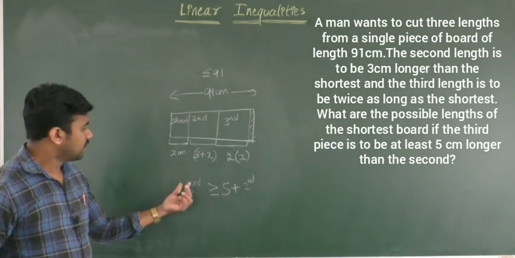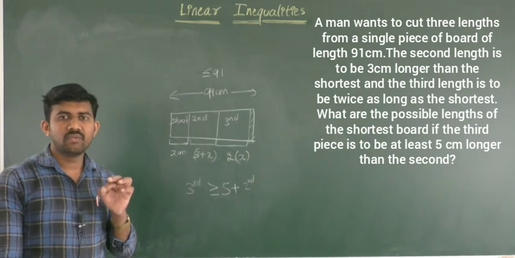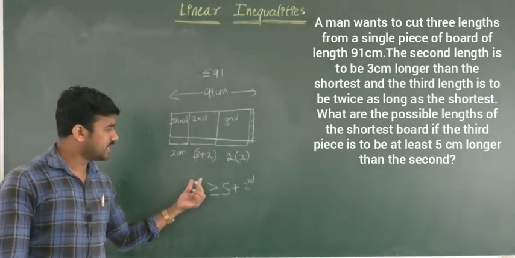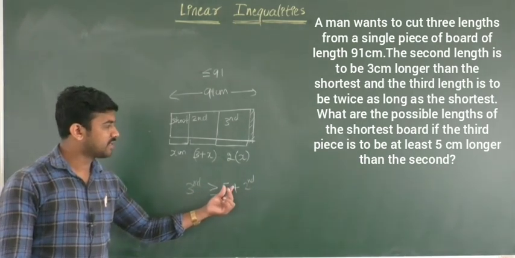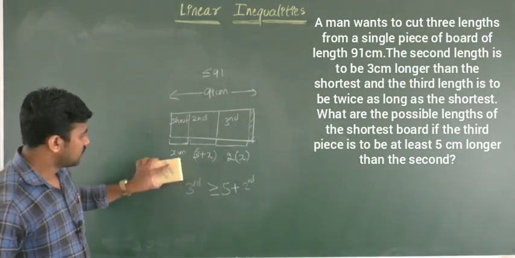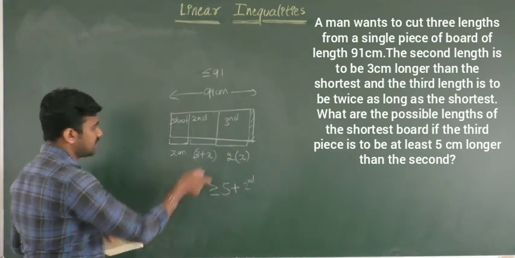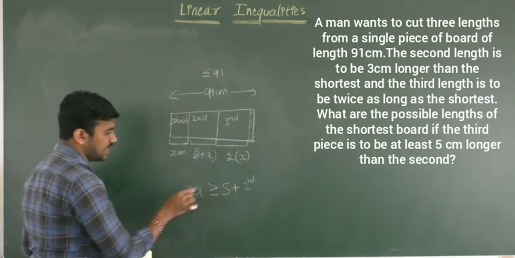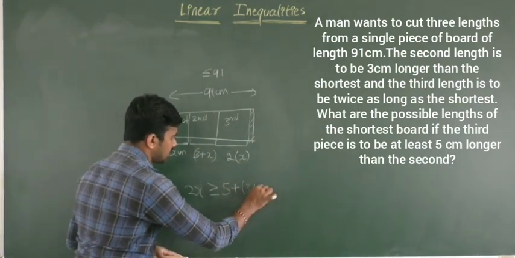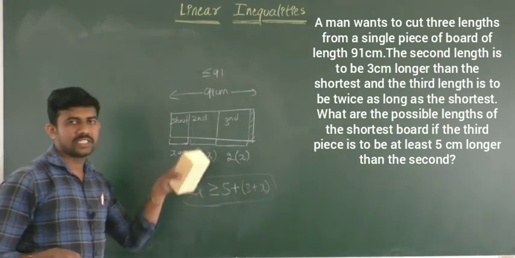Okay, what are the possible values of x, or the possible values of the shortest side, if the third side is at least 5 centimeter longer than the second? Third side means 2x, and the second means 3 plus x. Okay, in this case we need to find the x value.